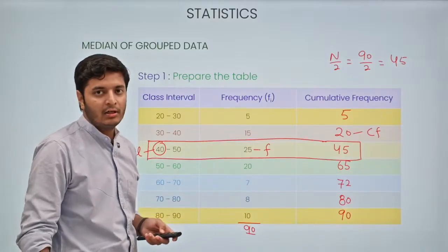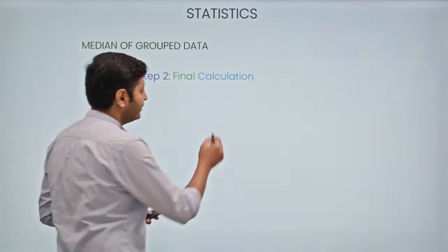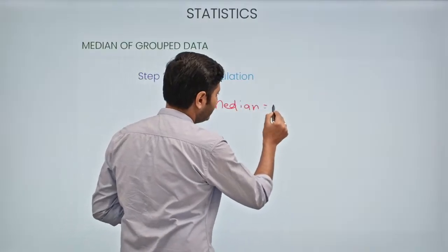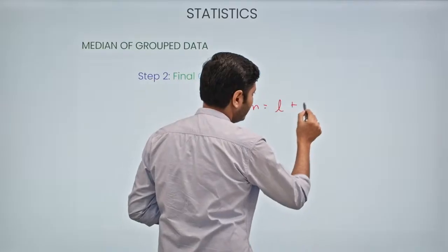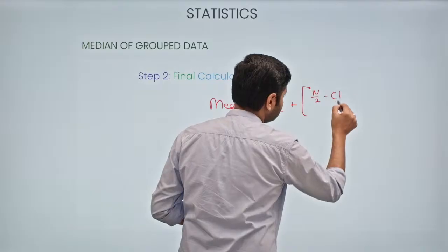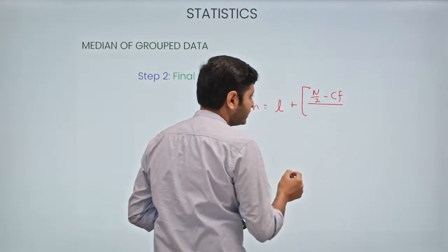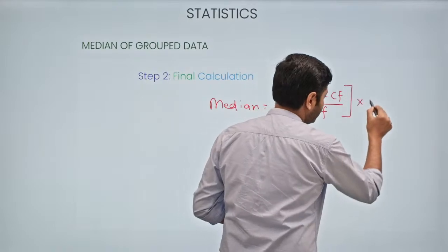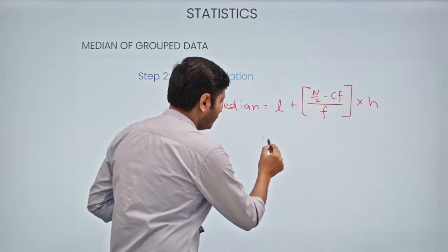Let's calculate the final answer. First, let me write the formula. Median is equal to L plus n by 2 minus the cumulative frequency of the previous class, divided by the frequency of the median class, into the class width. Okay, let's see.